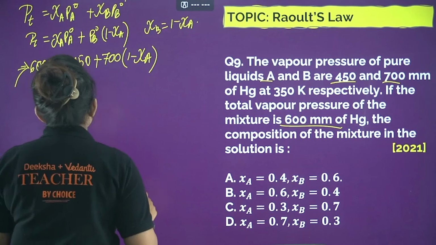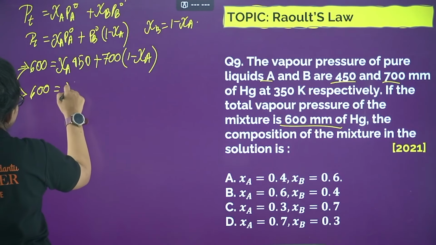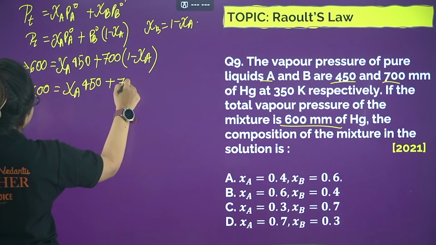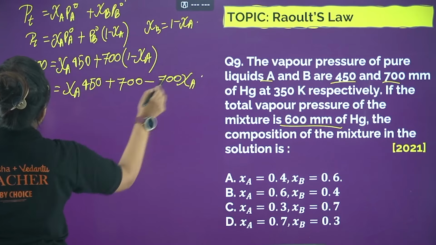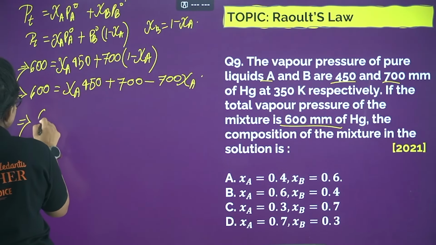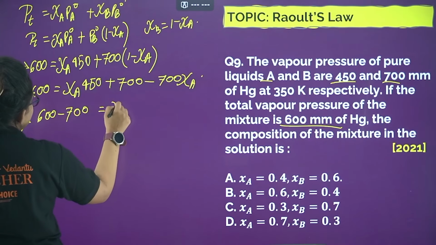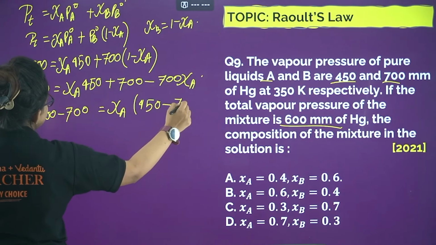Now proceed with the simple calculation. 600 equals XA of 450 plus 700 minus 700 XA, right? From here I get 600 minus 700 equals XA, taking common, 450 minus 700.